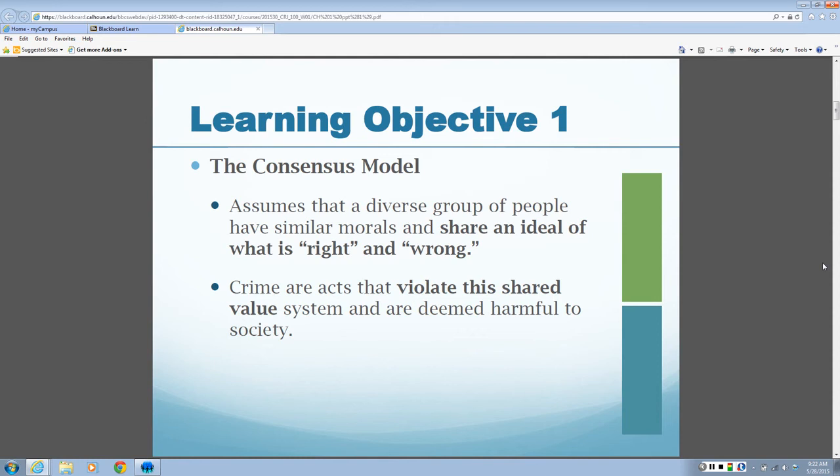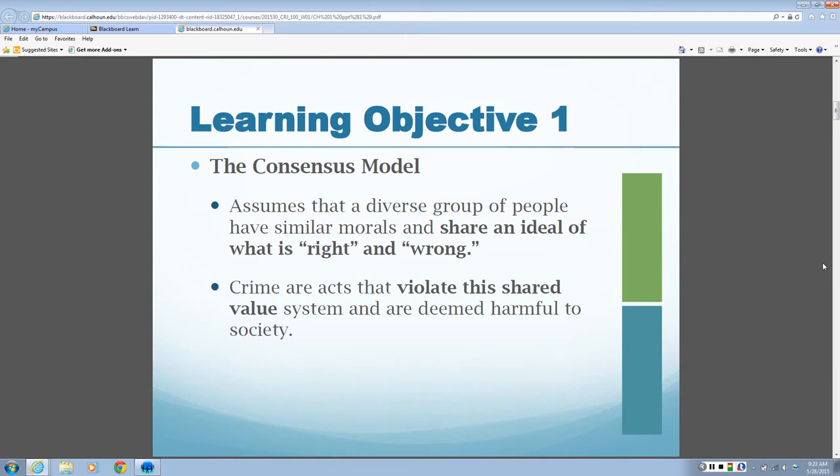The consensus model is basically a majority vote. This assumes that even a diverse group of people can have similar morals and share an ideal of what they consider to be right or wrong. And crimes then are acts that violate this particular value system that this group of people has.